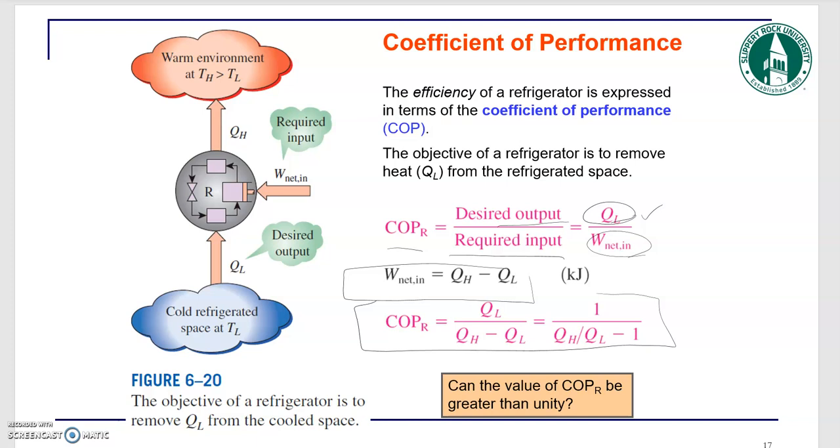So the amount of heat that you absorb from the cold refrigerator space could be higher than the amount of work that you input to your system. So QL could be higher than W net in. Therefore, COPR could be greater than 1.